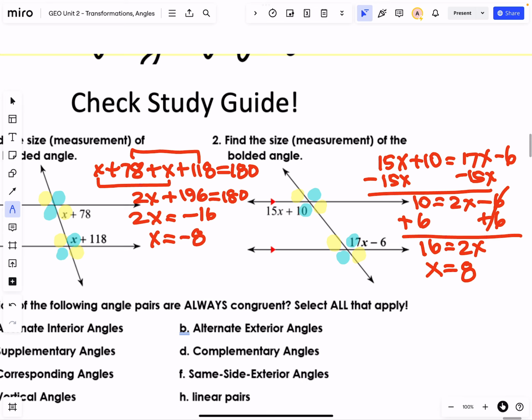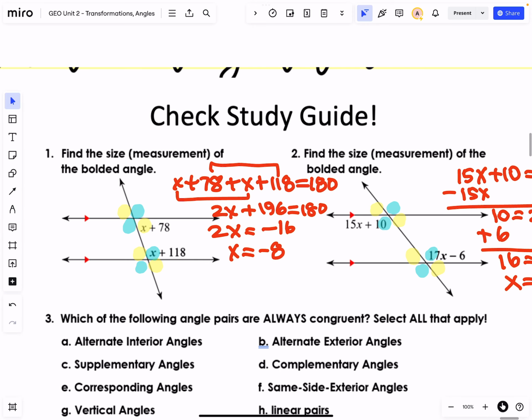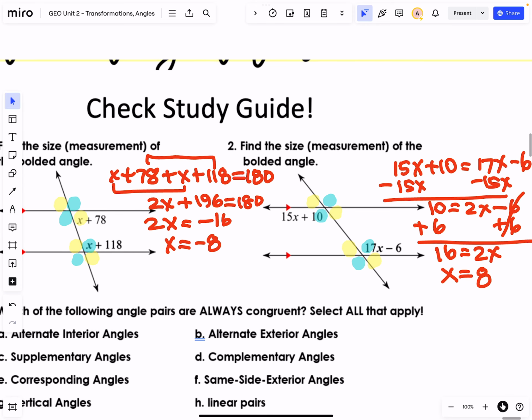Very nice. Now this says find the size of the bolded angle, and you can't really tell from this which one is bolded, but you're just going to substitute your value of 8 into that function and go ahead and do that. 8 times 17, I think, that's 80 and 56, 136 minus 6 is going to be 130 degrees.